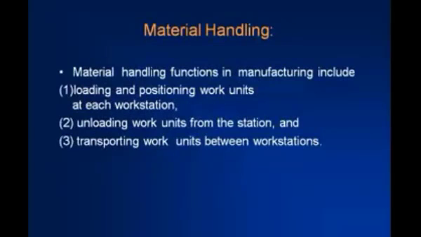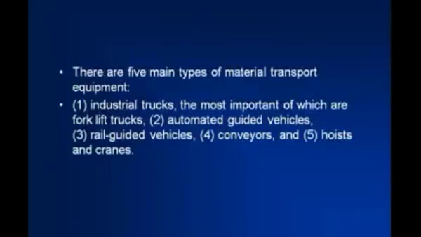Material handling functions in manufacturing include the loading and positioning of the work units at each workstation, or the movement of the parts. It could be unloading work units from the station, or transportation between the workstations. There are different means to transport this material between the different stations.